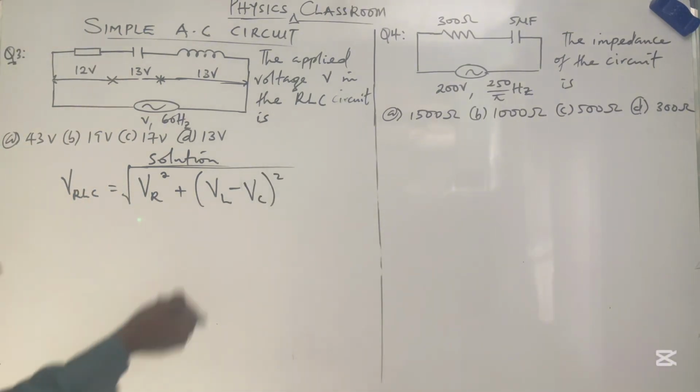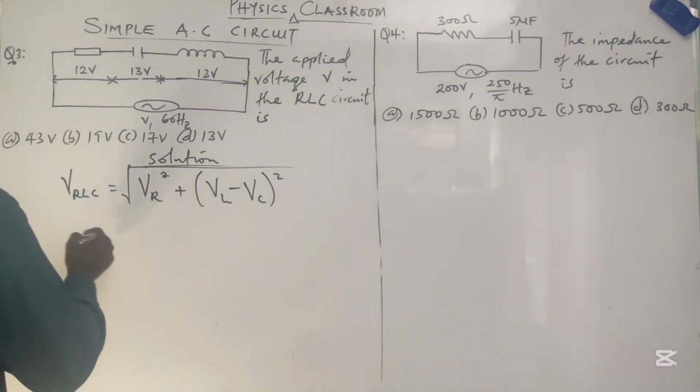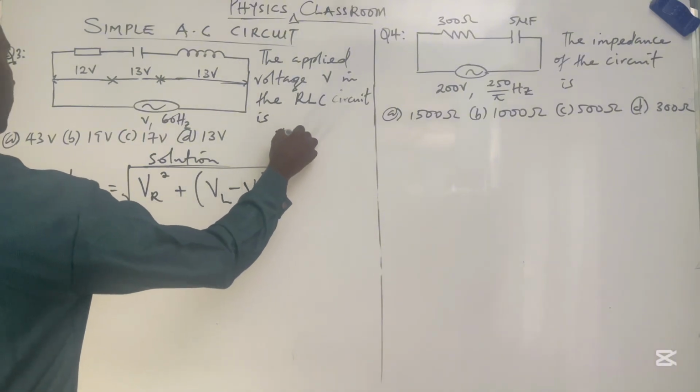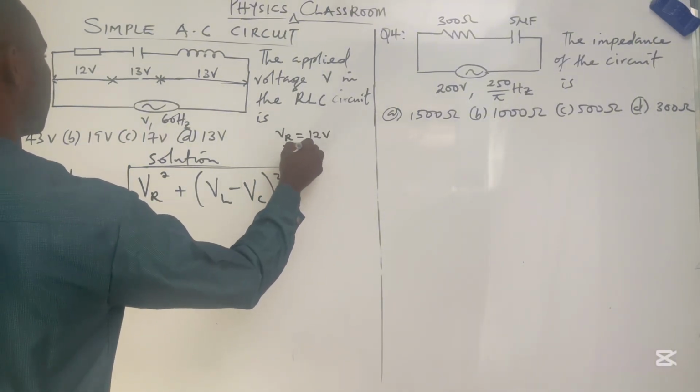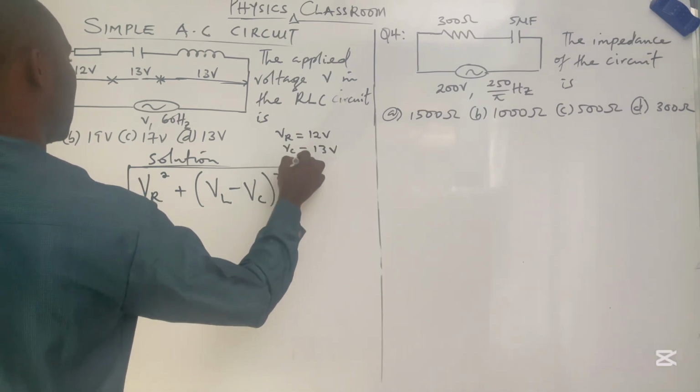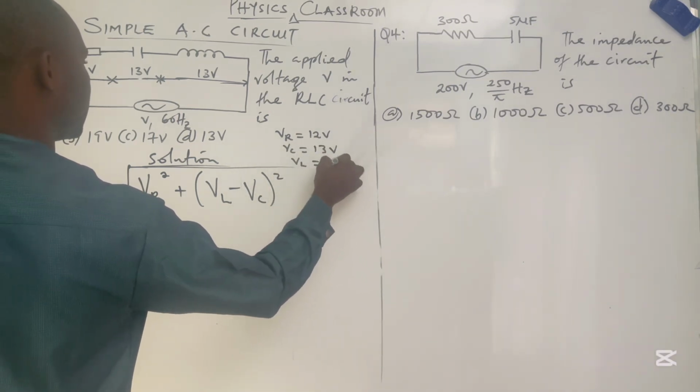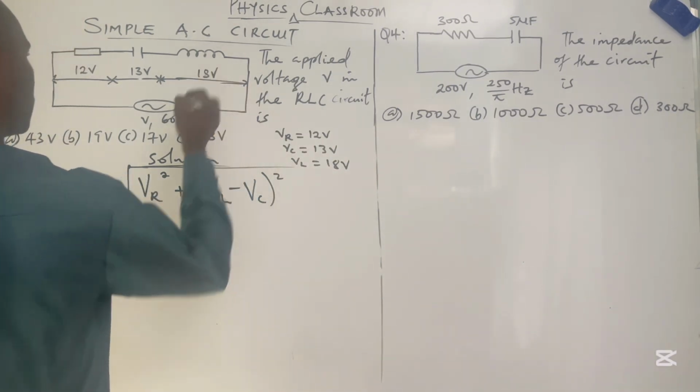And this is just it. Now, you are given VR to be equal to 12 volts, VC to be equal to 13 volts, and VL to be equal to 18 volts.